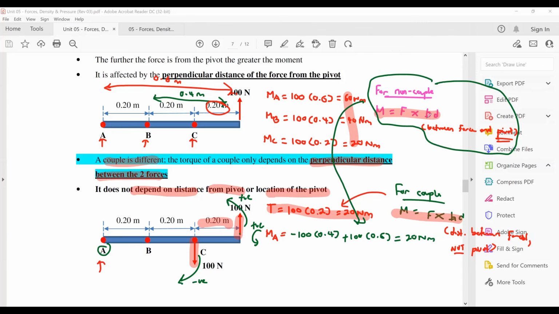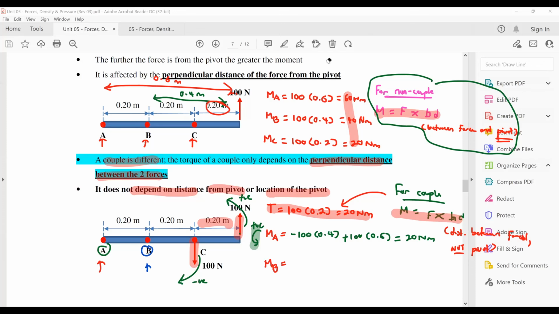This is if I take moments about A using this equation. Now if I go on to moments about B, same sign convention, anti-clockwise is positive. Basically, I'm just using the same convention now. I don't need to write the whole thing again. MB, this is now my new pivot.